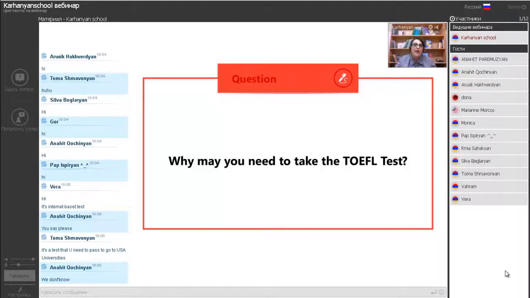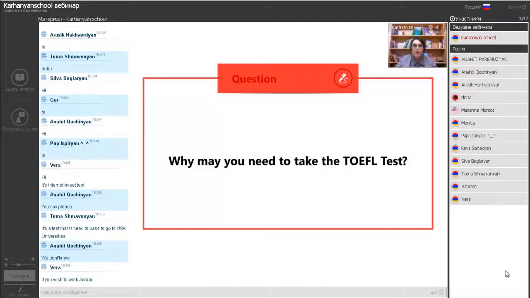So why may you need to take the TOEFL test? For what reason? Who can tell me? I told you that this is a general introduction to the TOEFL test. That's why I'm coming from the root of it, and then we'll go deeper. So why may you need to take the TOEFL test? Yes, Sarah, it is one of the reasons.